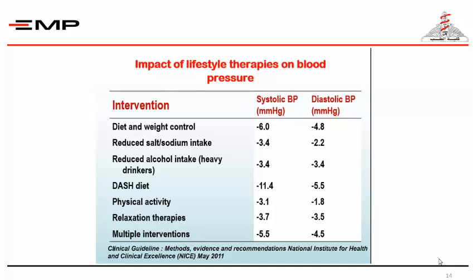Diet and weight control alone can reduce the systolic blood pressure by 6 mm mercury and the diastolic by 4.8, for example. Multiple interventions, relaxation therapies, physical activity, DASH diet, reduced alcohol intake, reduced salt and sodium intake, can all reduce the systolic and diastolic blood pressure in ranges between 3 to 6 mm mercury.